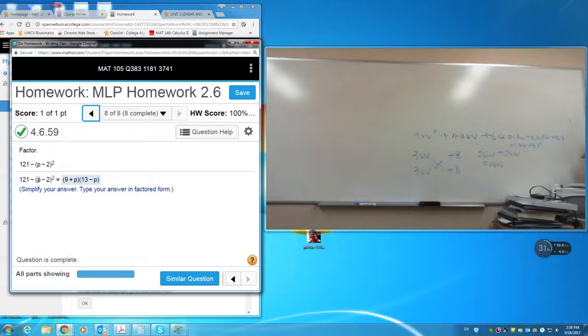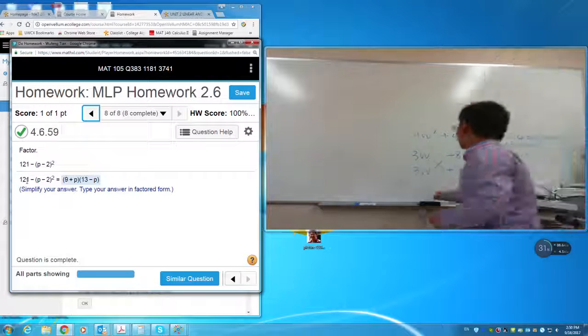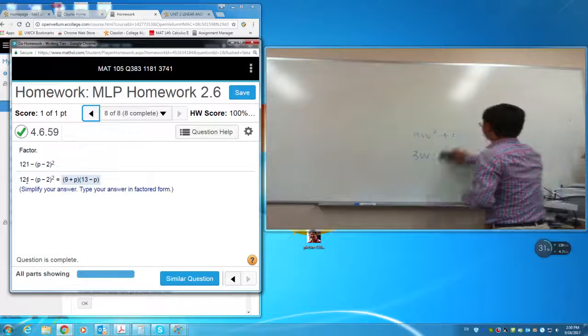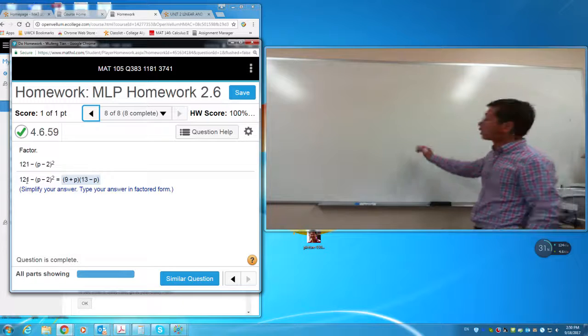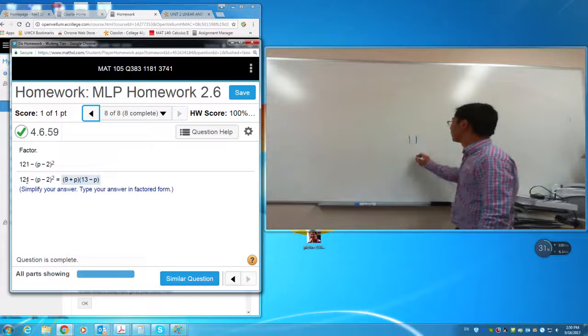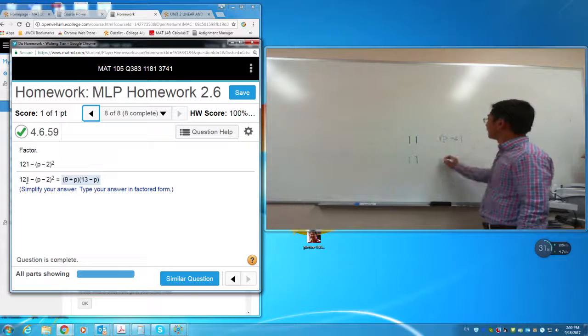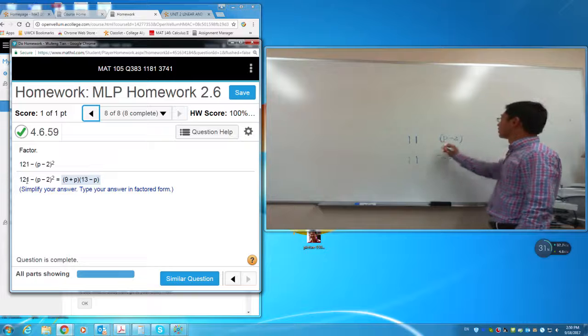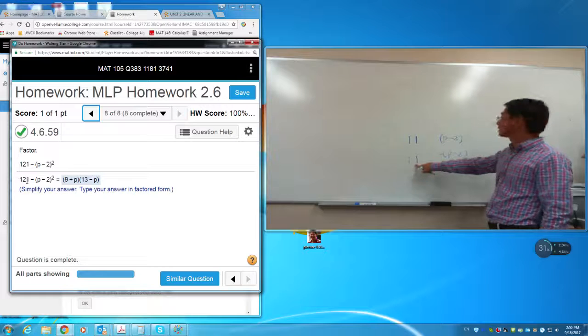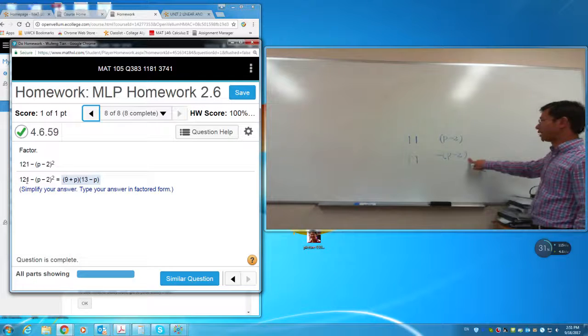Okay, so this is another difference of squares. I'll give you an idea how to do that. 121, you can do 11 and 11. Another one is p minus 2 and minus p minus 2. This gives you 11 squared is 121, and this gives you negative p minus 2 squared.